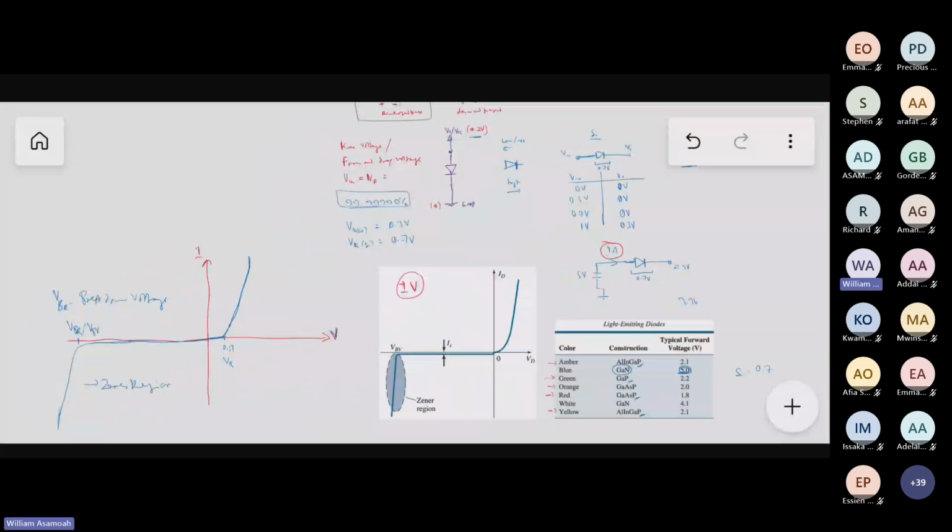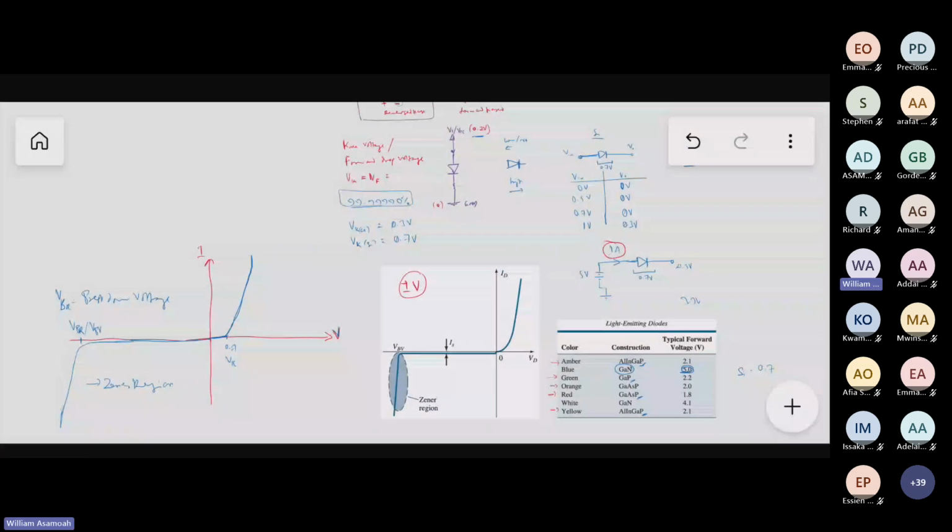But germanium is sensitive to temperature, so mostly they use silicon diodes. So for all of them, they use silicon, and the forward voltage is supposed to be 0.7. Great. Thank you very much, Rosina. God bless you for your submission.